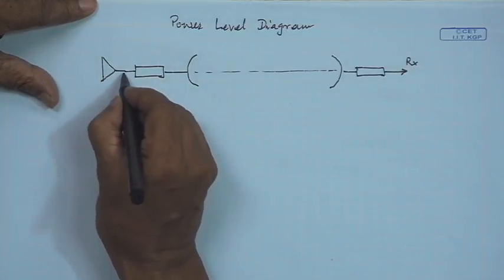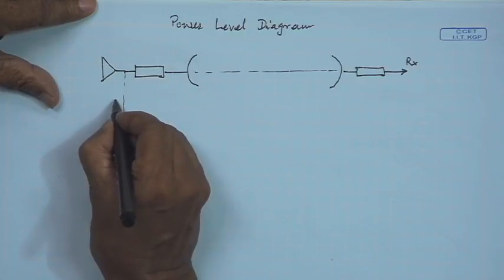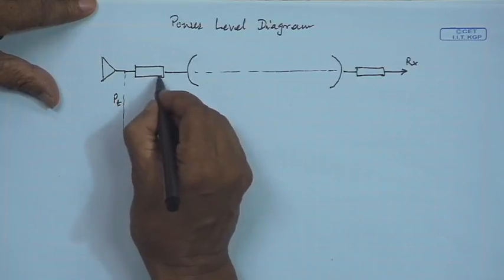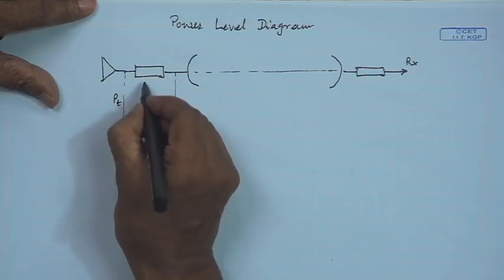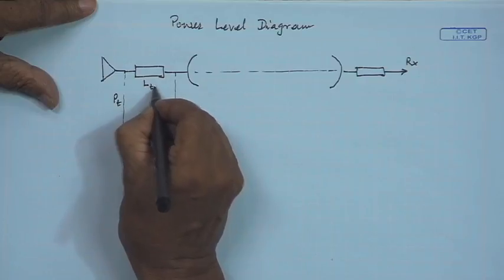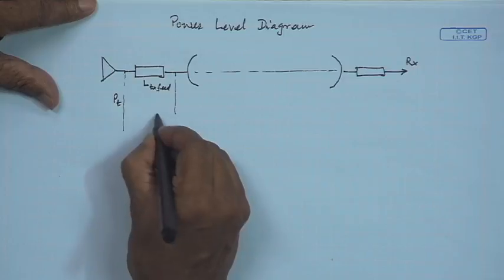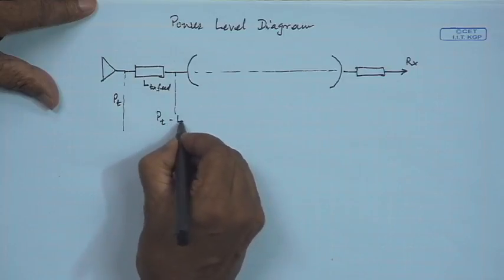So, we can say that this is PT, and at this point, because of loss due to transmit feeder, this will be PT minus loss due to feeder.